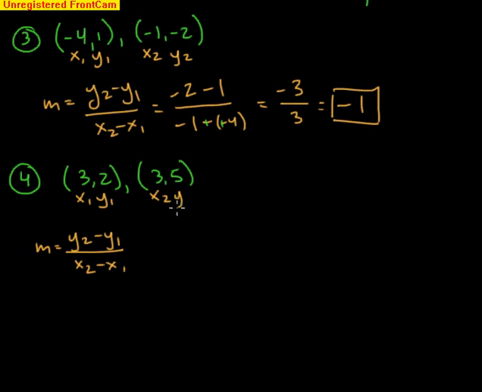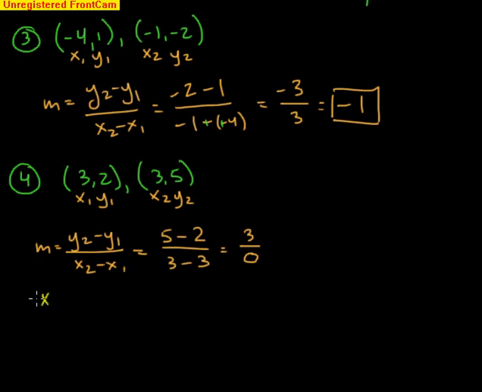We will label our points x1, y1, x2, y2. And we'll substitute. y2 is 5 minus y1, which is 2. x2 is 3 minus x1, which is 3. Simple substitution. So what do we get? Well, 5 minus 2 is 3. 3 minus 3 is 0.